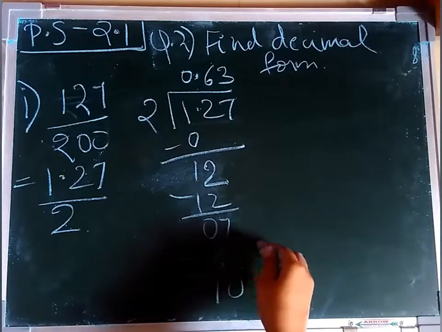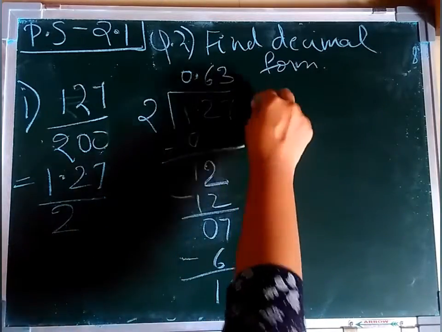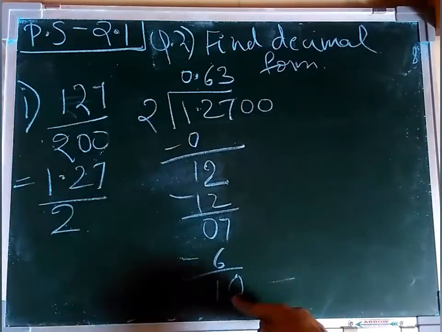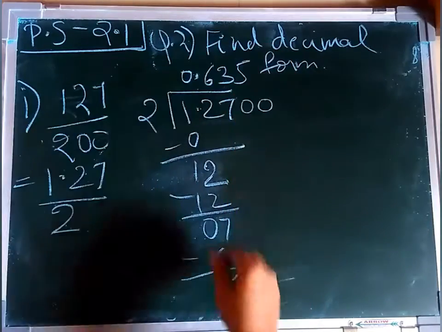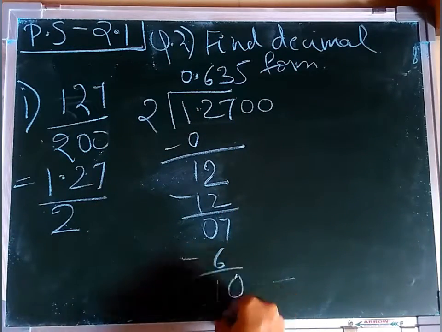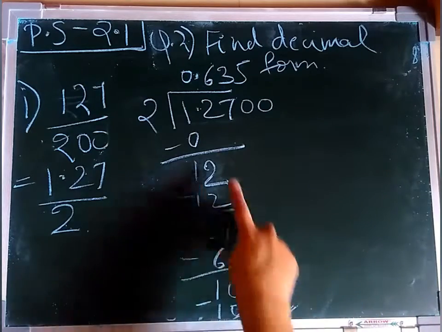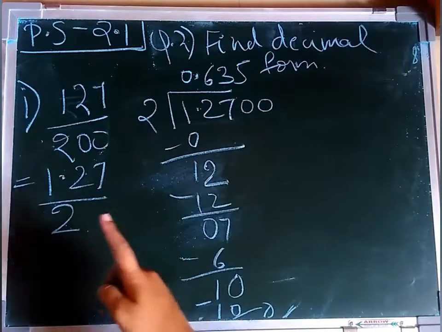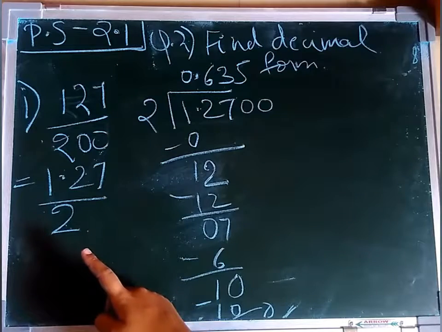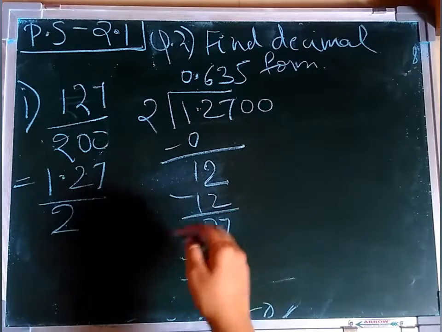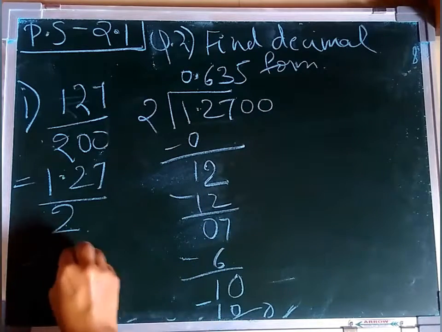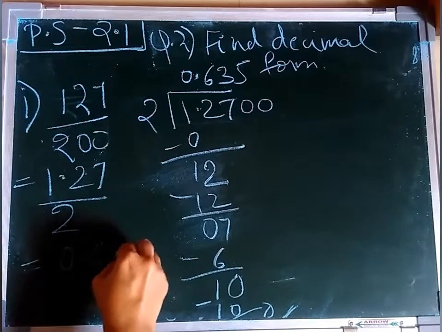I introduce a 0. You can have any number of zeros, right? Then 2 fives are 10, and I get remainder 0. So the decimal form of 127 upon 200 is 0.635.